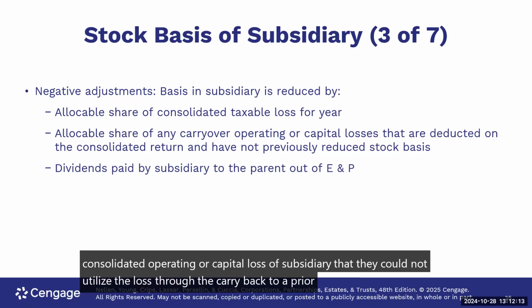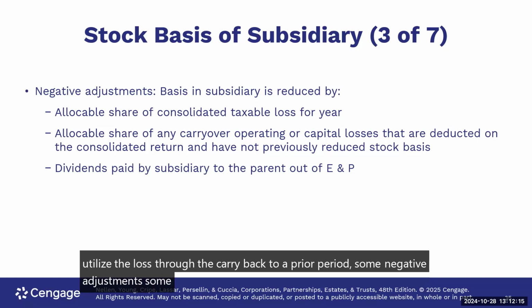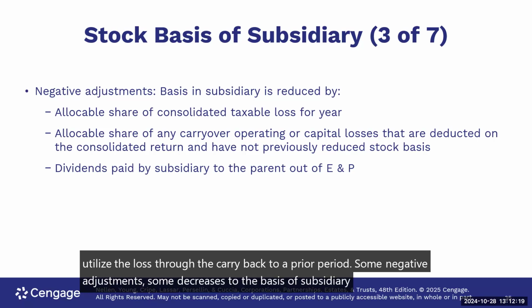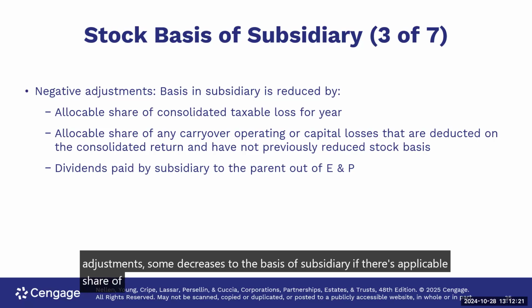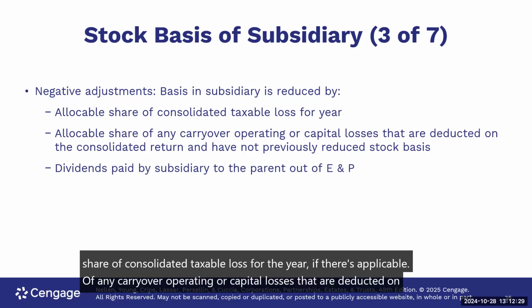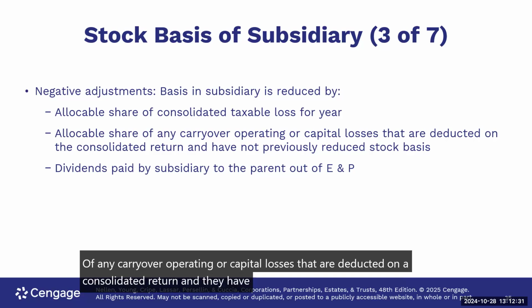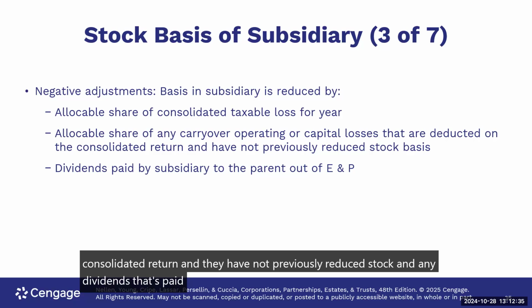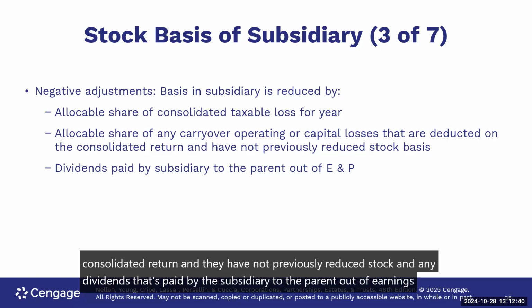Some negative adjustments, some decreases to the basis of the subsidiary, include the allocable share of consolidated taxable loss for the year, the allocable share of any carryover operating or capital losses that are deducted on a consolidated return and have not previously reduced stock basis, and any dividends paid by the subsidiary to the parent out of earnings and profits.